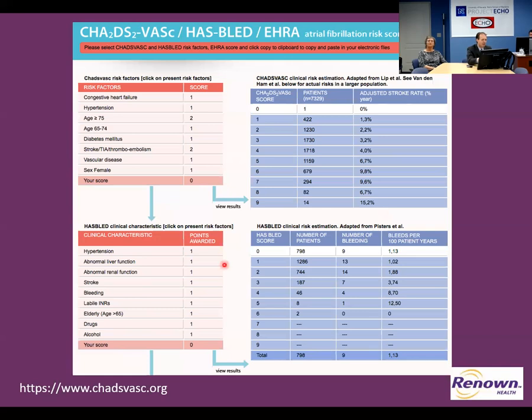And then you have to balance that, of course, against the risk of bleeding. So hypertension, abnormal liver or renal function, previous stroke, bleeding. There are a lot of very similar risk factors for bleeding and stroke. And I will just say that in 2018, what we see in the cardiology literature, if you look at database studies of what clinicians are doing out there, is that most patients are undertreated for stroke comorbidities with the concern for risk of bleeding.